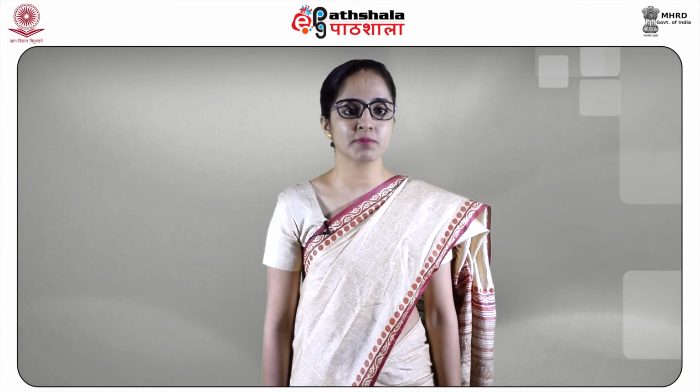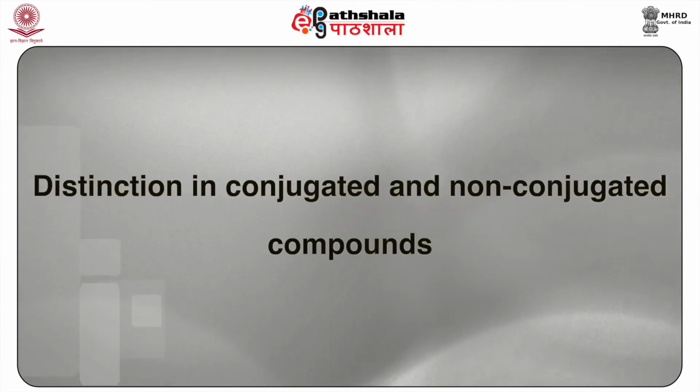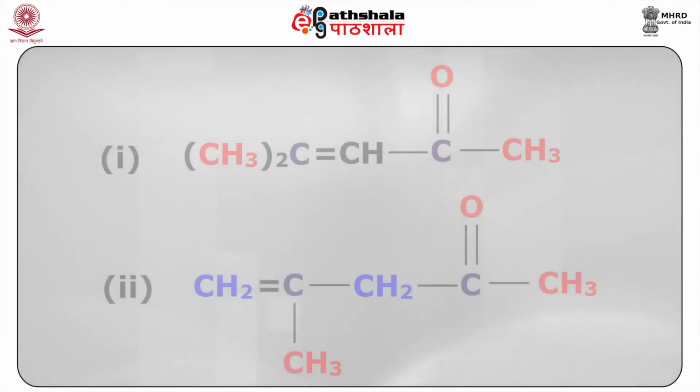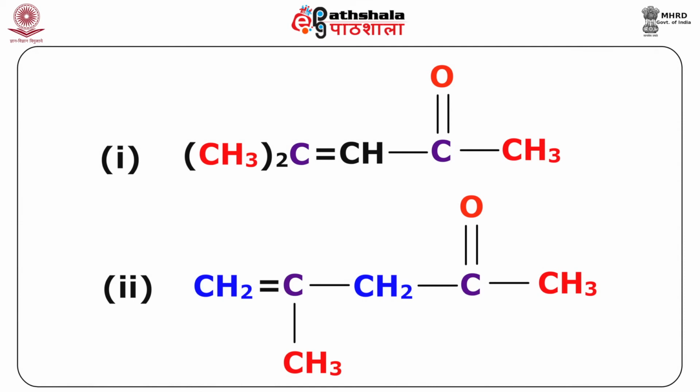Now students, the next use of UV visible spectroscopy is the distinction between conjugated and non-conjugated compounds. One can easily distinguish between conjugated and non-conjugated compounds by using UV visible spectroscopy very effectively. The n to pi star band for the carbonyl group, as you can see in structure 1, will appear at a longer wavelength as it is an alpha beta unsaturated ketone.